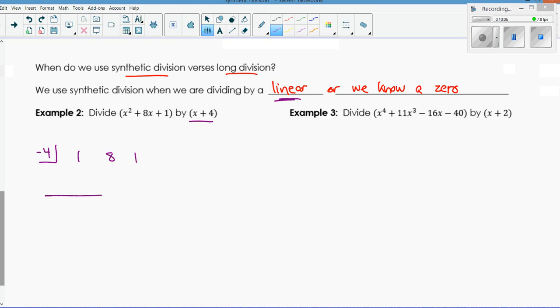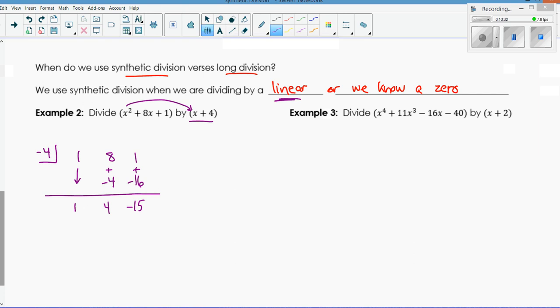I draw my line. Bring down my 1. Multiply. Negative 4 times 1 is negative 4. I add these. 8 plus negative 4 is 4. I multiply. Negative 4 times 4 is negative 16. I add, and I get negative 12. Okay, now, again, notice that I divided x squared by x, so that means I lose one of those powers.